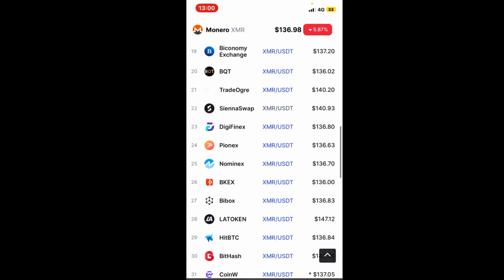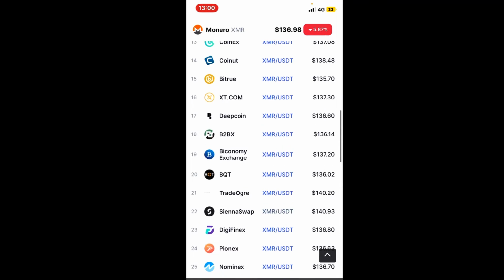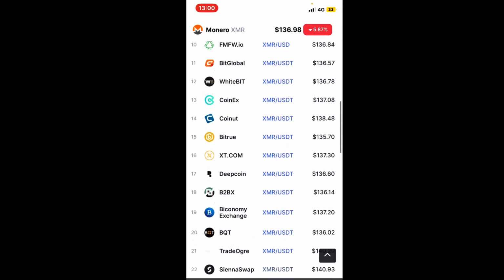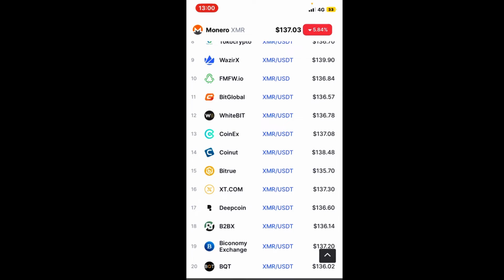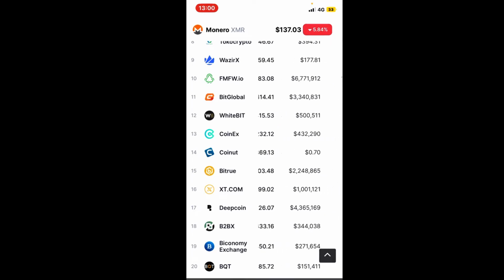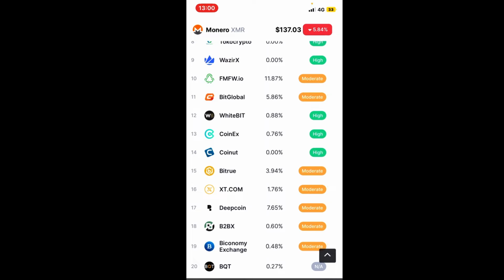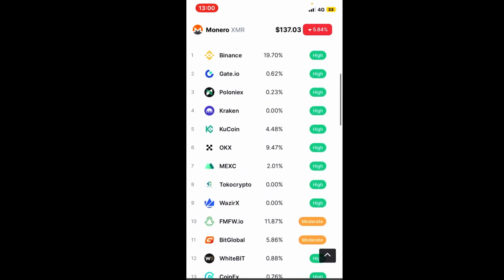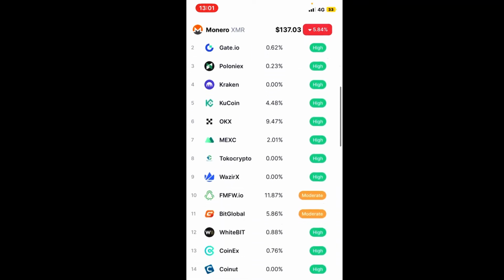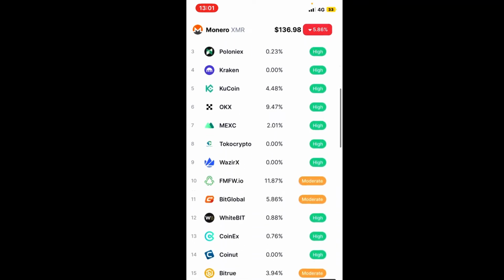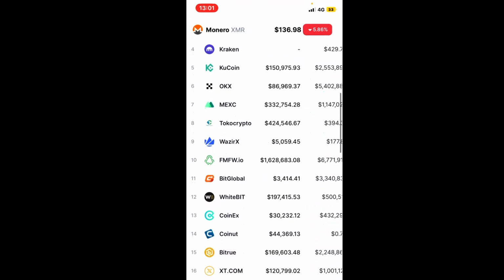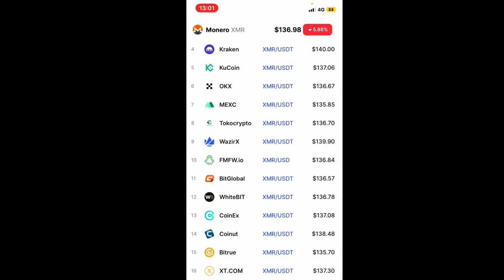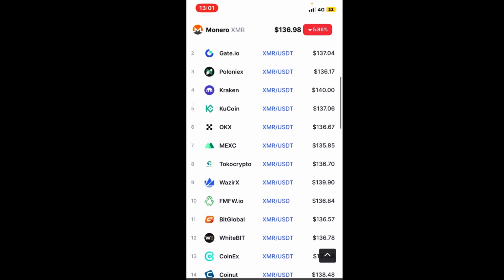So it's important to find a secure exchange, not just any exchange. There is one exchange here, Trust. Let me check the security. Moderate security. The confidence is not high, so I'm going to find one where the confidence is high, so that you will be sure that you are buying from a good exchange.